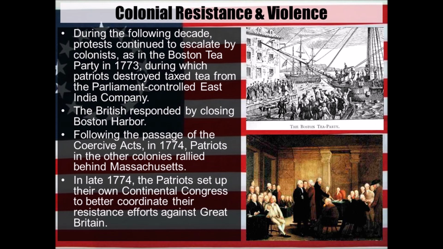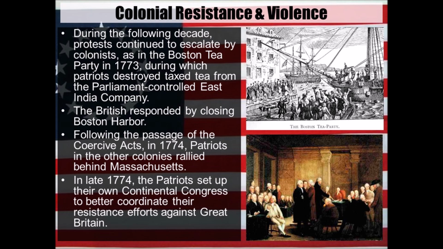And so in 1774, the Patriots, as they now were calling themselves, formed their own, what they called a Continental Congress. Basically, they wanted to do this so they could better communicate with Great Britain in a way that made them appear much more united, but at this point united in their desire to maintain the relationship with Great Britain, not to break it.